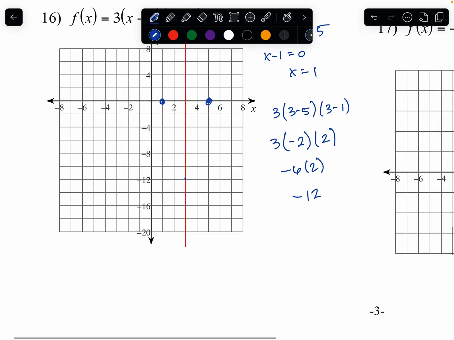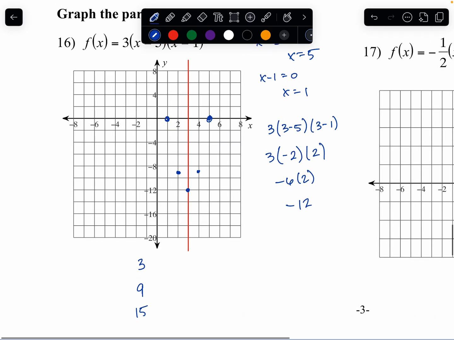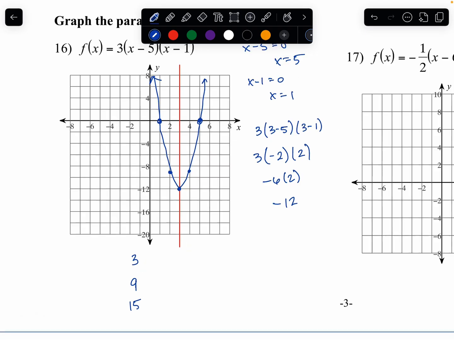So negative 12. And then the 1, 3, 5 rule. So that's still going to be 3, 1, 3, 9, and 15. So if I go over 1 and up 3, that should put me here at negative 9. And then I'd go over 1 and up 9. There we go. That should be right. Okay, perfect. So that's how I would draw this one right here.